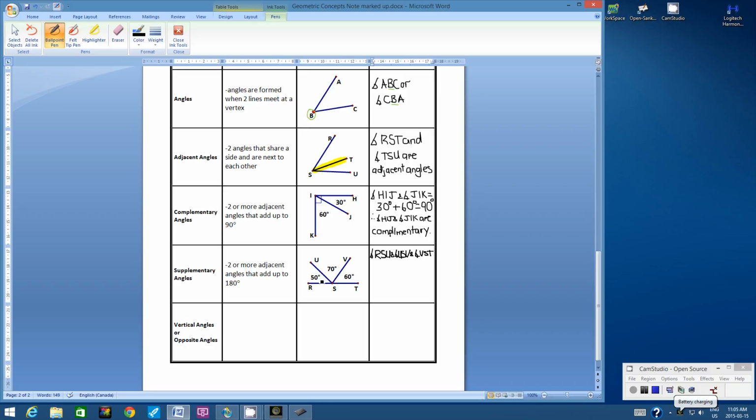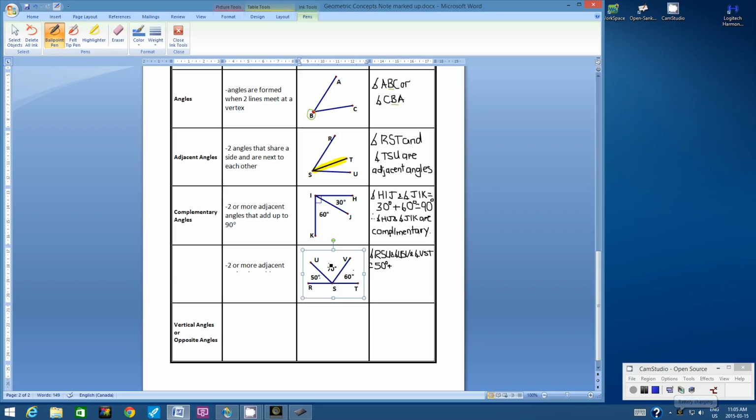Okay, so angle RSU is this, angle USV is this, and angle VST is this. Okay, equals. So angle RSU is 50 degrees, that's its measurement.